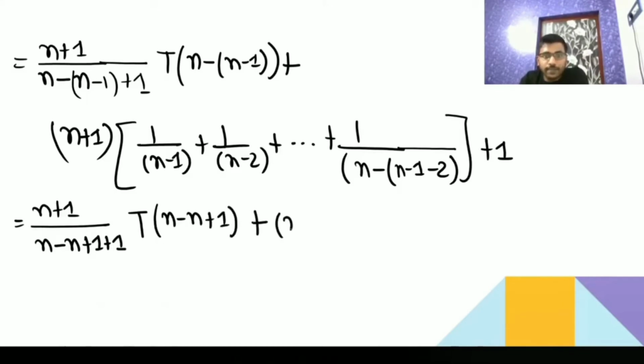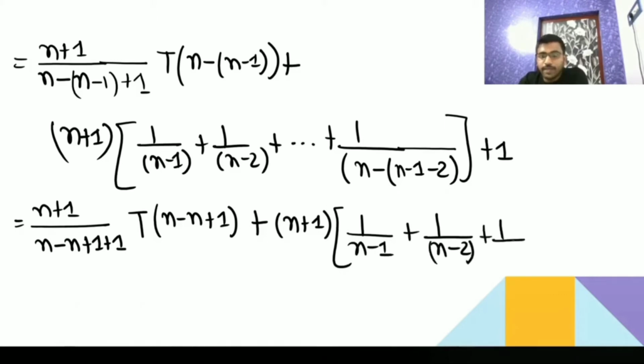Then plus n plus 1. Then 1 by n minus 1, 1 by n minus 2, 1 by n minus 3. Like this it will go till 1 by n minus n plus 3, because minus and minus gives plus, so you get plus 1 by 3.